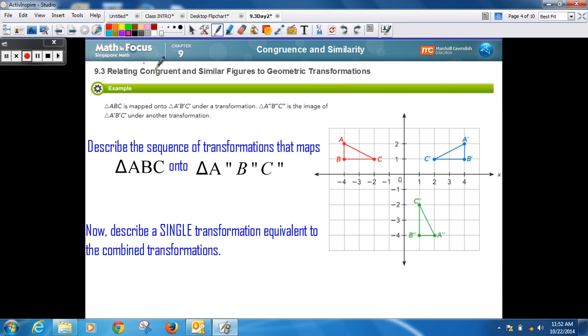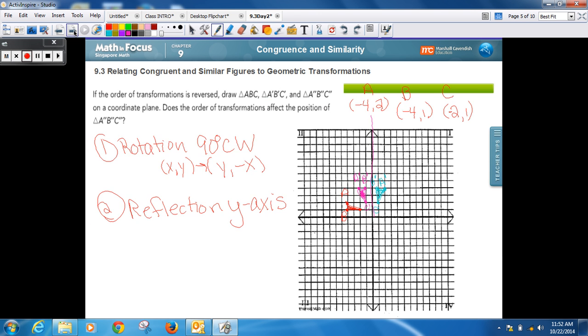If I go back, it ended up in the second, first, and fourth quadrants. If I go forward, they're in completely different locations. So does the order of transformations affect the position? Yes, it does. So when they give you a series of transformations, the rule is make sure you follow the correct order.